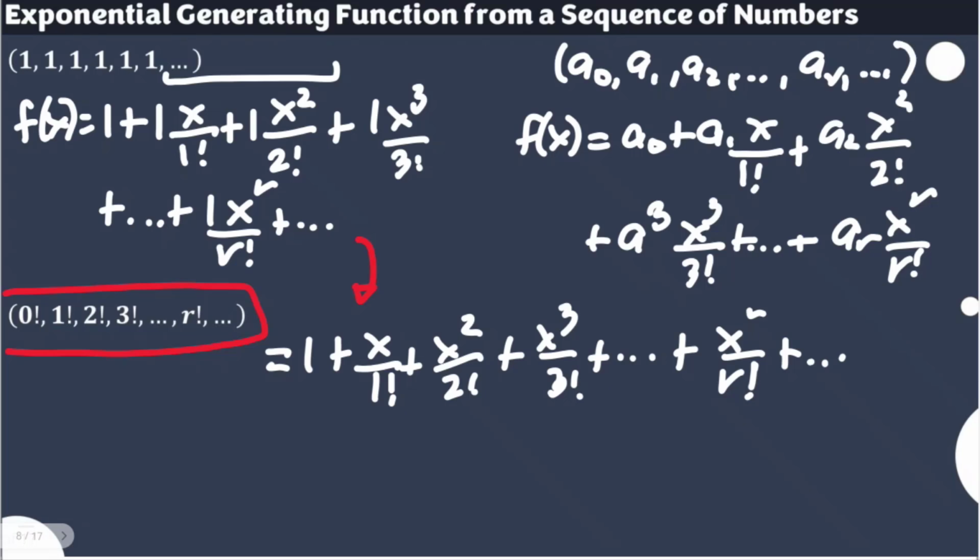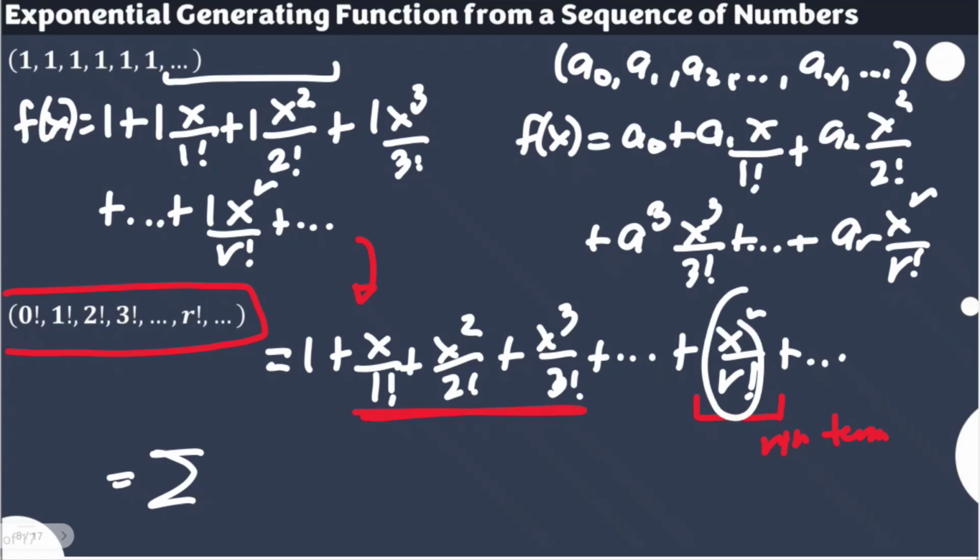Now how do we simplify this into a power series? Let's not, in the meantime, simplify the factorials here, because this is our rth term. Hence we can have our power series equivalent to just this term: x to the power of r over r factorial, as r starts from 0 to positive infinity.